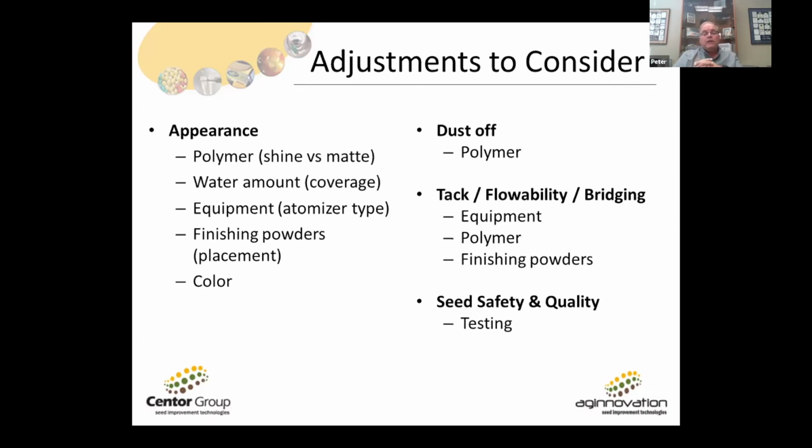The atomizer and the equipment. The atomizer does have an impact. Many people using certain types of atomizers for liquids have a basket or some sort of webbing on that atomizer to help sling the liquids off the atomizer onto the seed mass passing by. We tend to find that a disc atomizer gives us a better application onto seed.